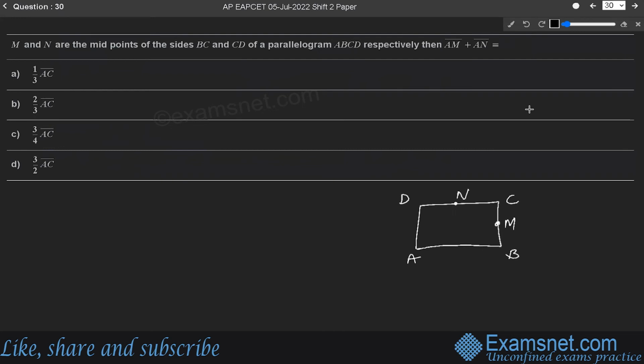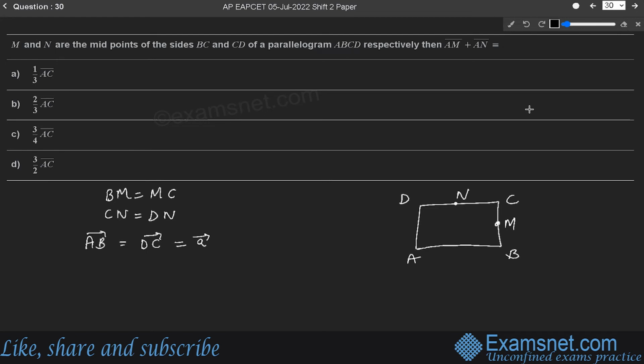Since M is the midpoint of BC, therefore BM will be equal to MC. And since N is the midpoint of CD, therefore CN will be equal to DN. We know that AB vector will be equal to DC vector, and both of these will be equal to A vector, because it is given that it is a parallelogram.